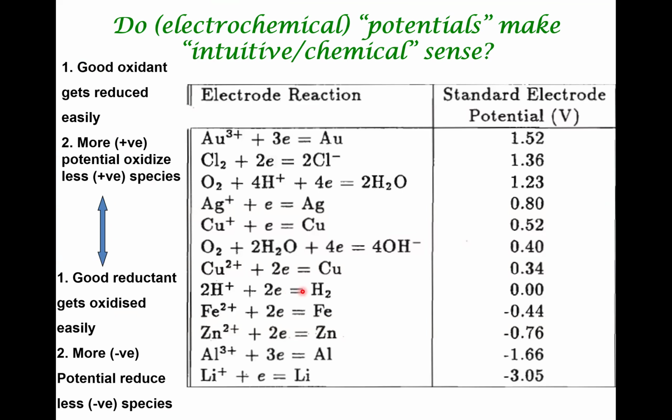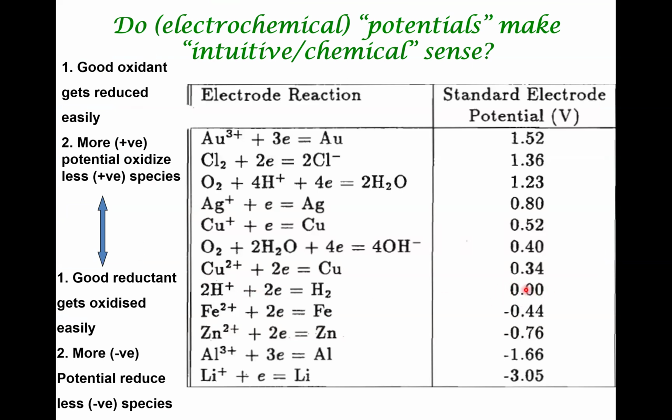In a standard hydrogen electrode, there is some reduction that is occurring. That is, protons are getting reduced by electrons to form hydrogen. We assign a value for that reduction potential, that is the capacity of proton to get reduced, we assign the value 0.